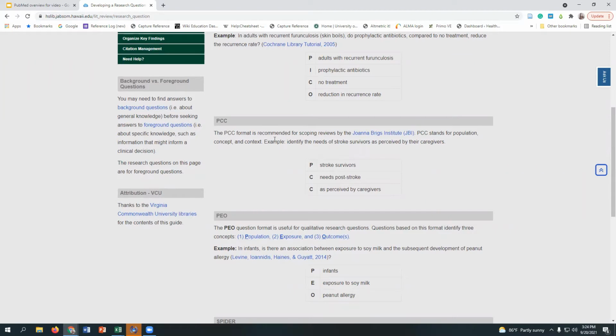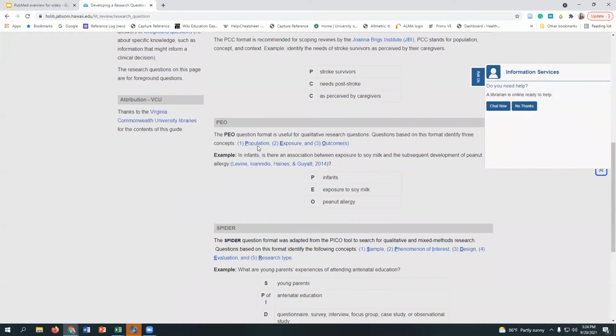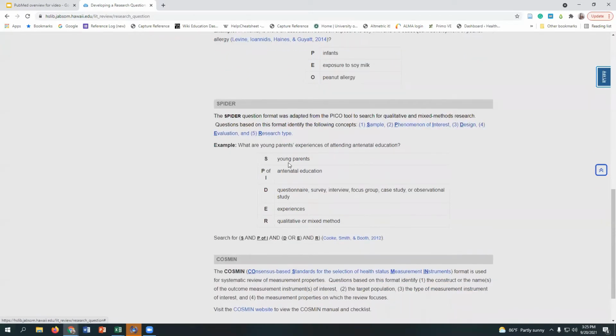So this is useful if you have a bigger, broader topic. Whereas PICO is good if you have a clinical question. So there's also population, exposure, and outcomes. SPIDER, which stands for sample, phenomena of interest, design, evaluation, research type.